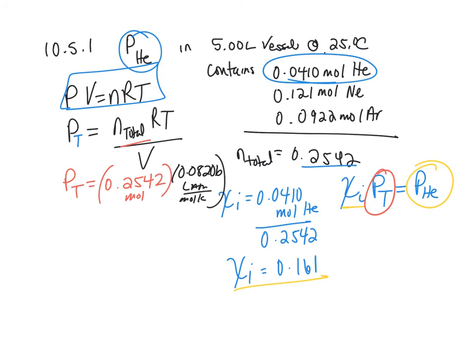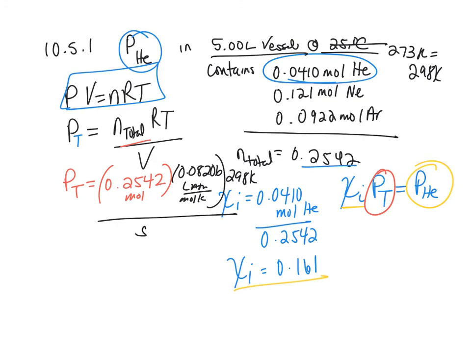And the temperature here, we've got to convert 25 by adding 273 to get 298 Kelvin. So we put 298 Kelvin in there, and then we're going to divide by the volume of the vessel, which is 5.00 liters. I like to make sure that my units cancel out, Kelvin and Kelvin, mole and mole.